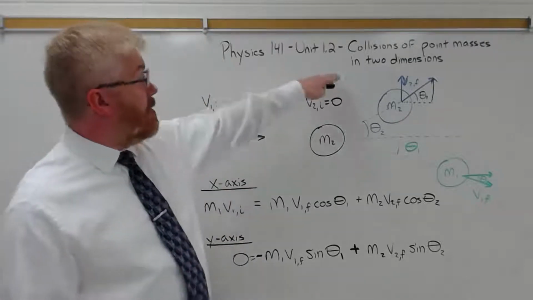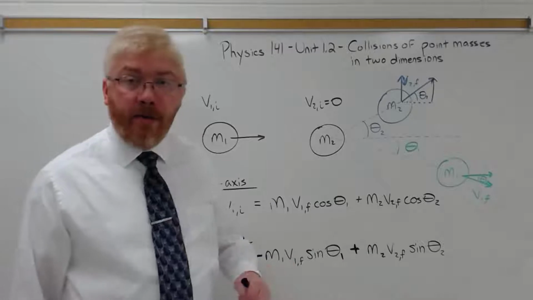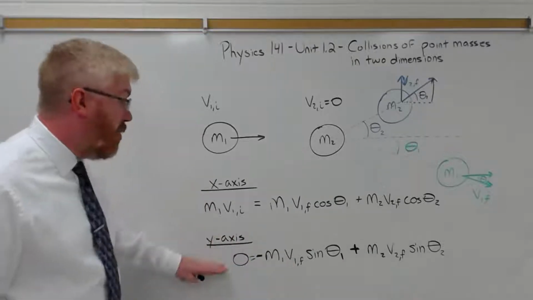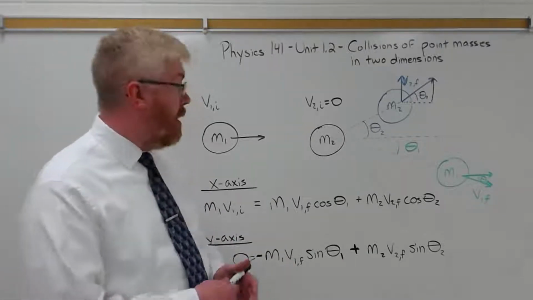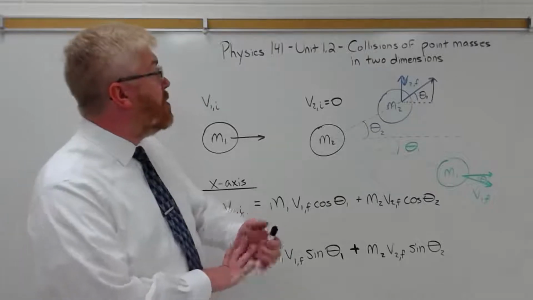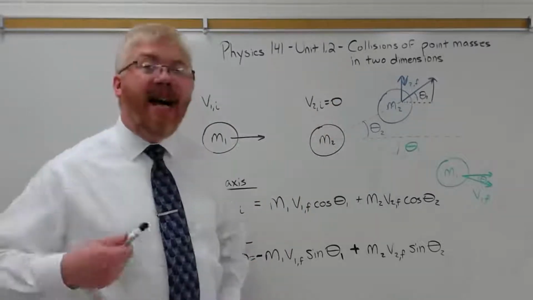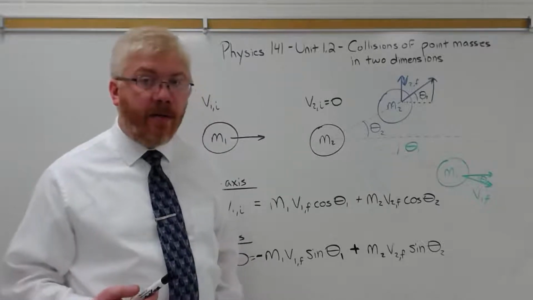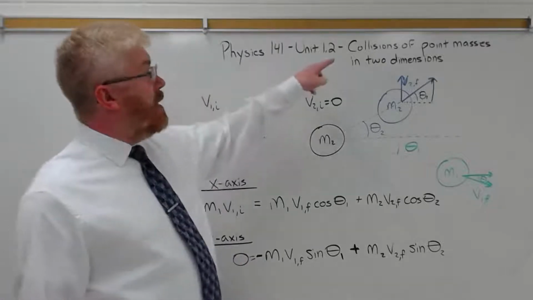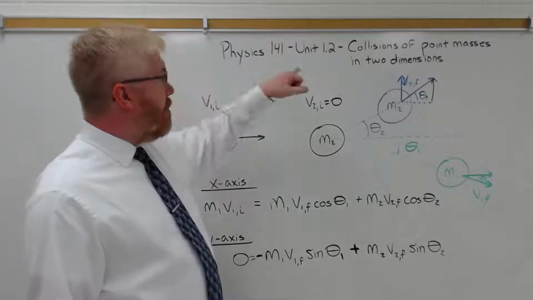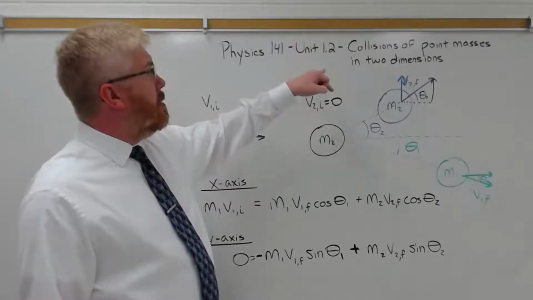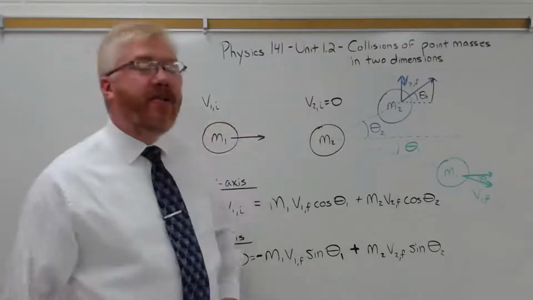And finally, we have two equations here, one for the x direction, one for the y direction. And then finally, if this is an elastic collision, we can also talk about the conservation of kinetic energy.